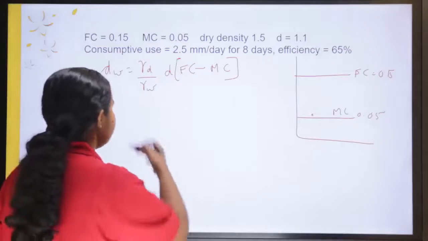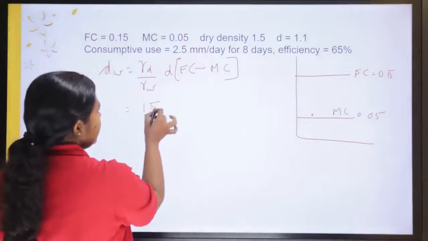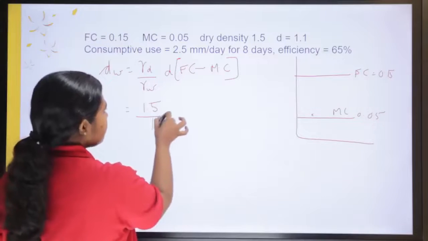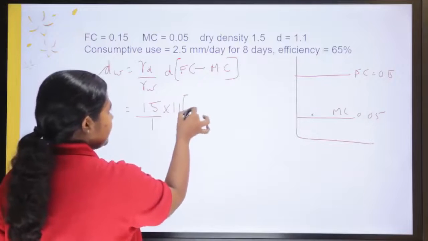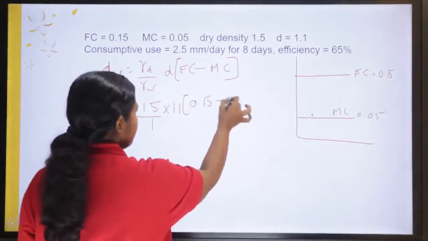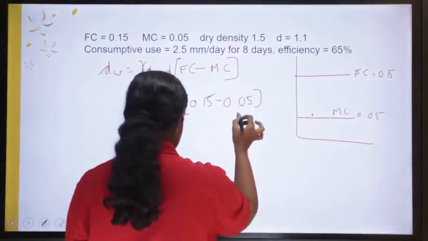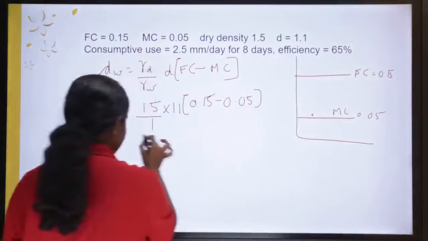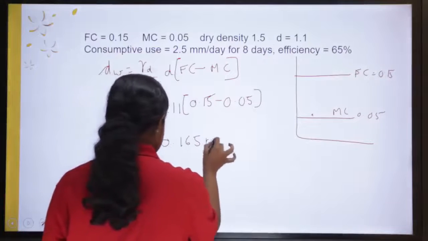So we have to find out the depth of water. Here gamma d is 1.5, gamma w is 1, depth of root zone is 1.1, and field capacity is 0.15 minus 0.05. So from here I will get the depth of water as 0.165 meters.